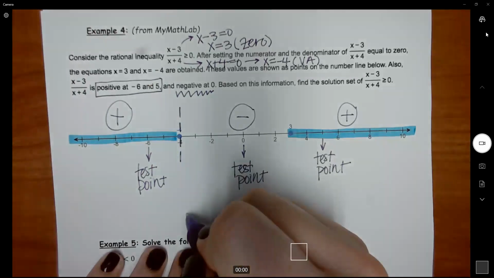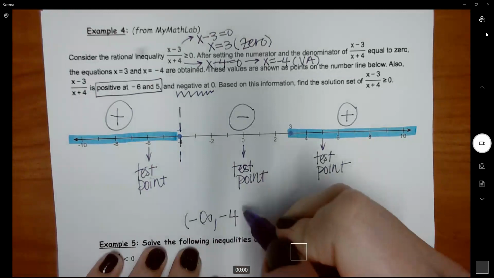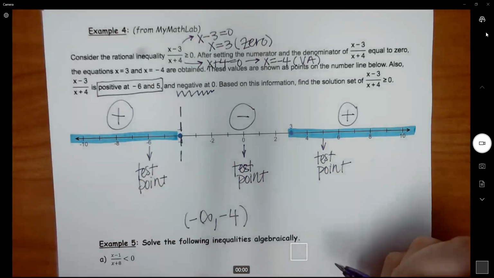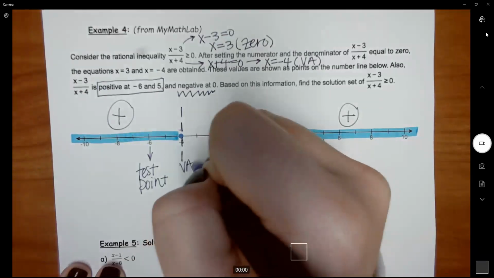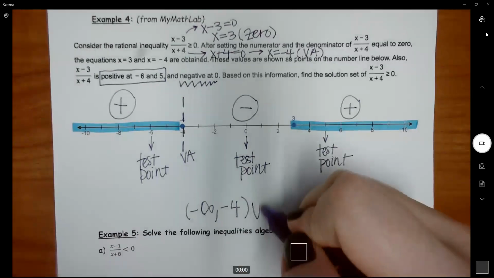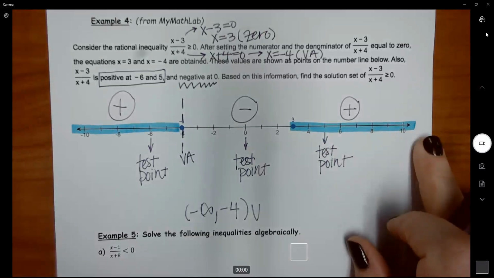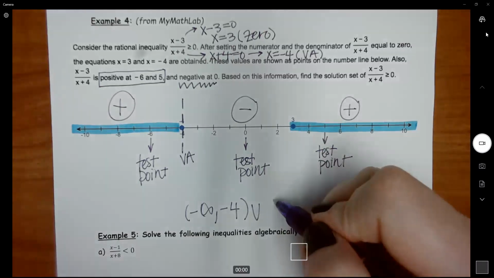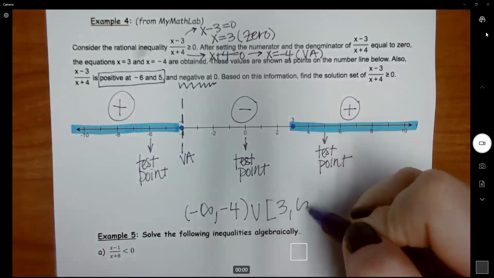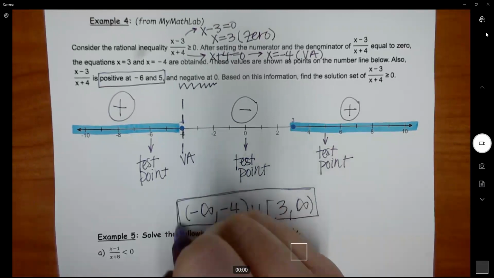So this will be negative infinity to negative 4 with parentheses because of that vertical asymptote there. Connect these two portions by the union, and then 3 to positive infinity. This here is a point, so it does get a bracket. So here's my answer.